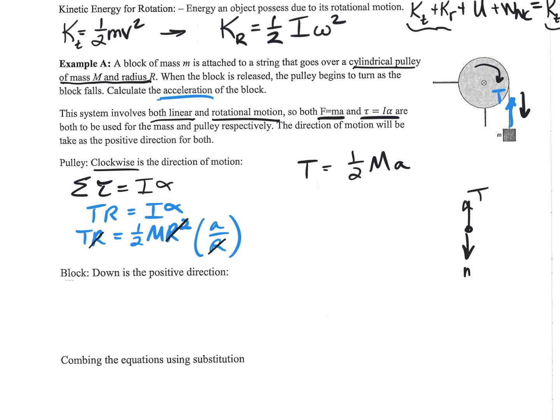Little mg, because this is big M, and that's little m. So the sum of the forces, which is little ma, is equal to what? Downward is positive, so it's mg minus T, not the other way around.